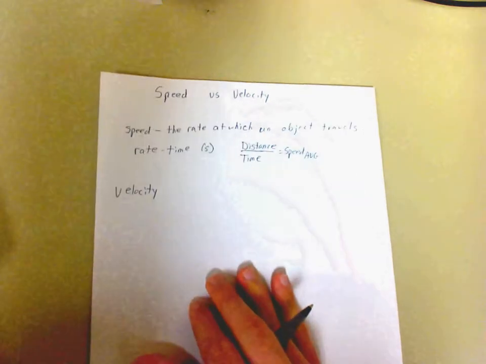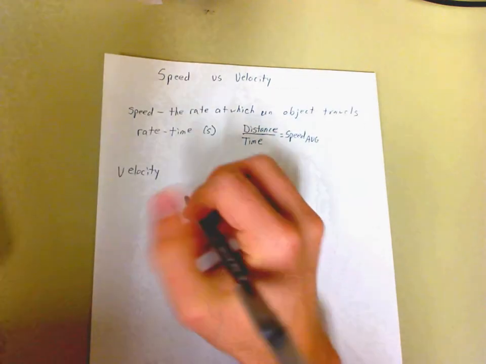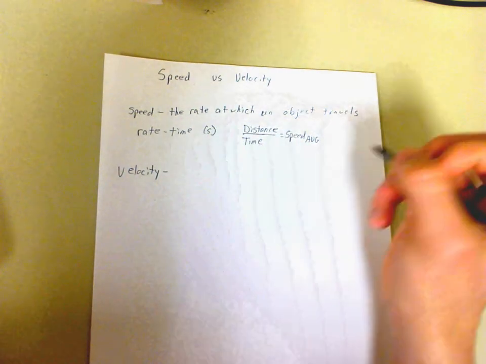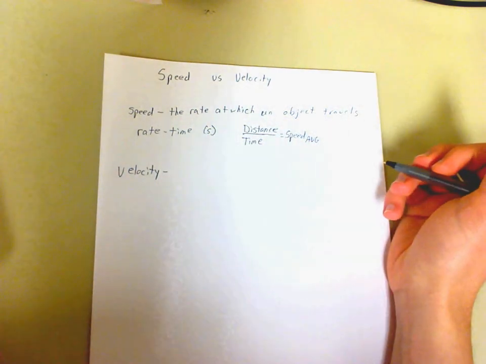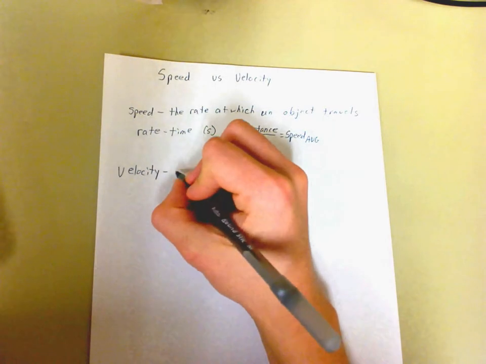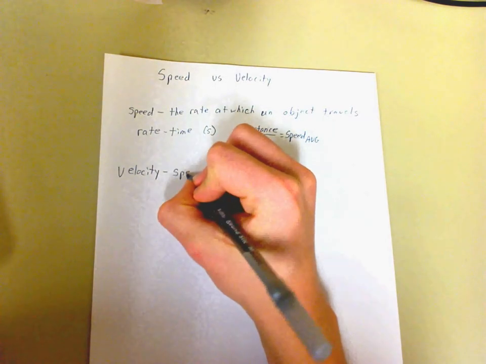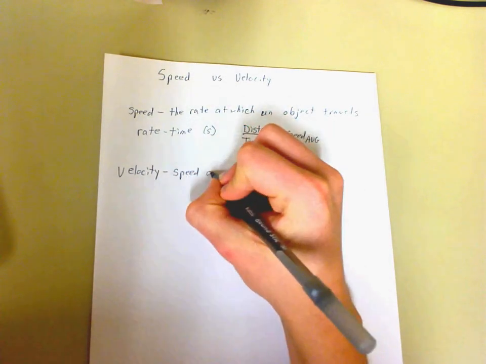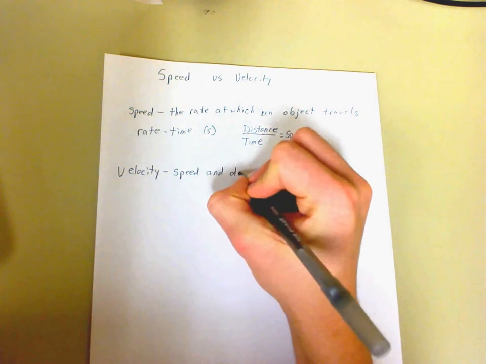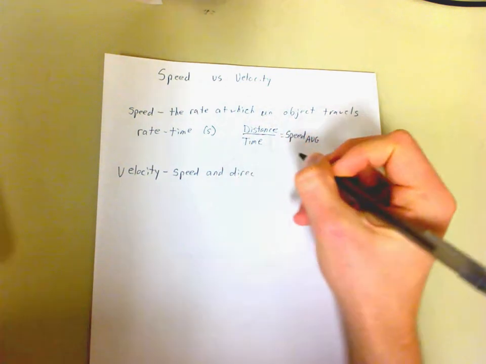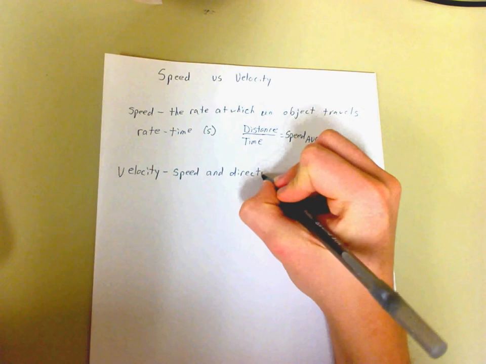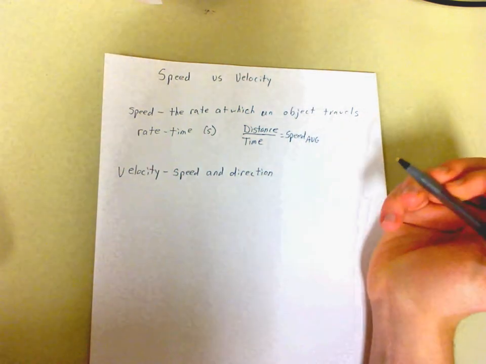our velocity has 2 key components that we have talked about and we will continue to talk about. Velocity has both speed and direction. Now remember, when we talked about displacement, we could be using a cardinal direction such as north, south, east, and west.